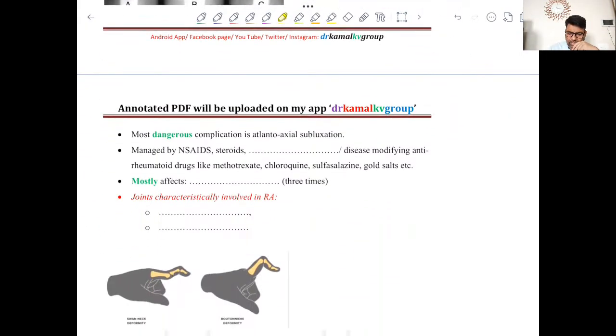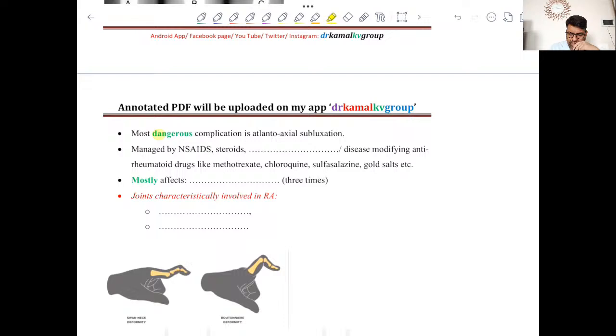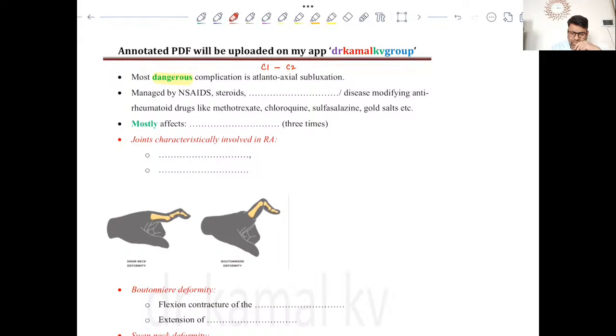Then the dangerous complication at times is C1 C2 subluxation. So C1 C2, atlantoaxial subluxation, right? Now treatment wise, we need to give analgesics, we can give anti-inflammatory steroids.